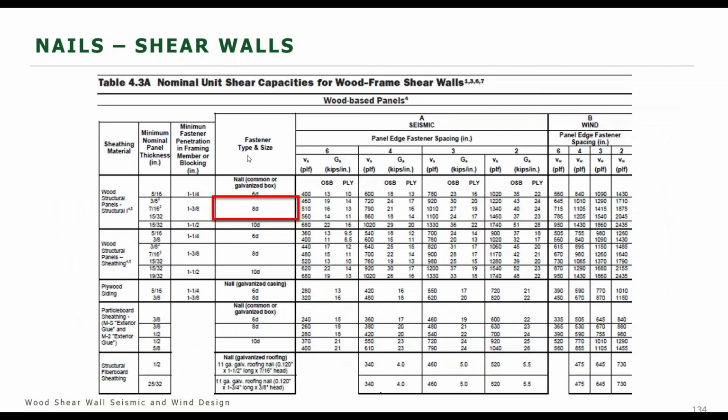Similarly, for our shear wall tables, we have 8-penny common nails or galvanized box nails, and then a minimum penetration of 1 3/8. So in order to use these tables in the wind and seismic provisions, the nails need to meet all 3 of these requirements. In other words, you need to be an 8-penny common nail and have the proper minimum penetration.